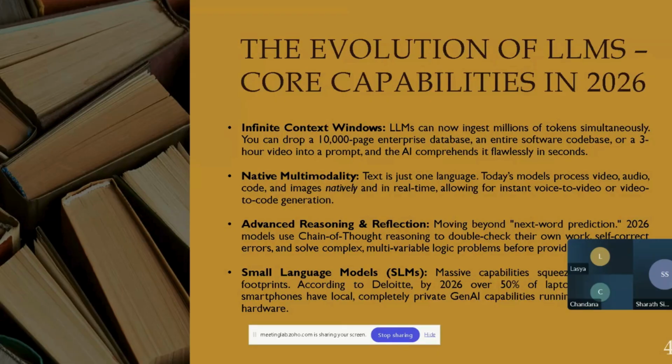So there is a chance where you can expect an SLM in your mobile phone, and I think Meta is also going in the direction where they want to fit a small language model in the specs, basically in sunglasses.